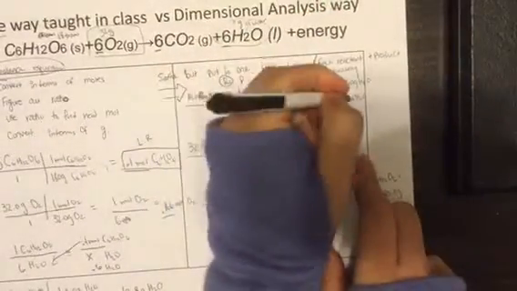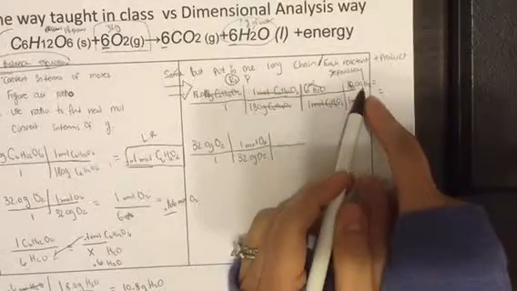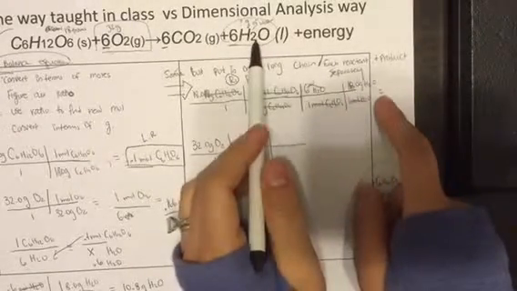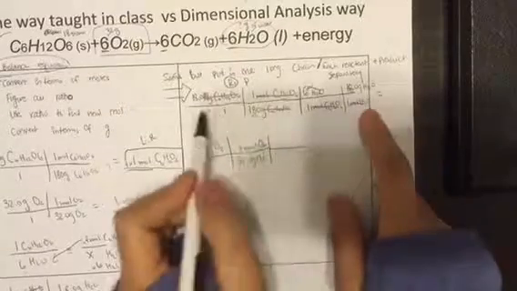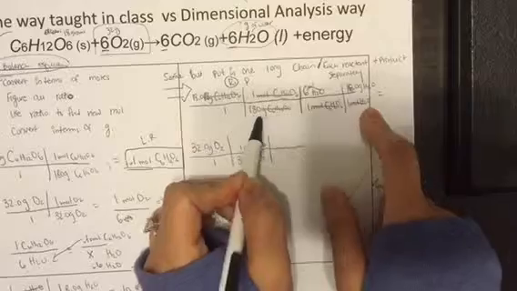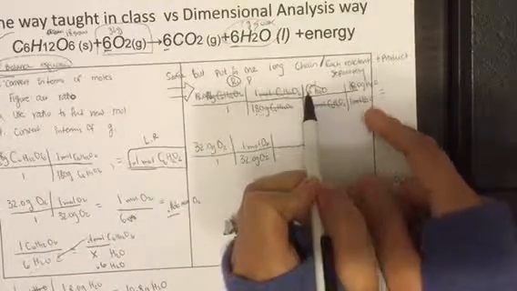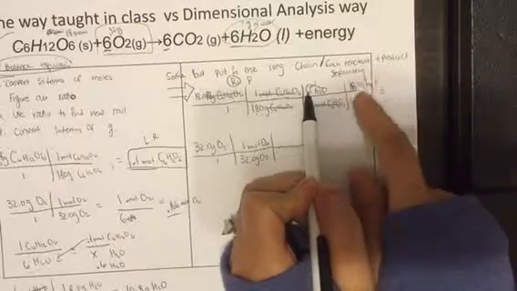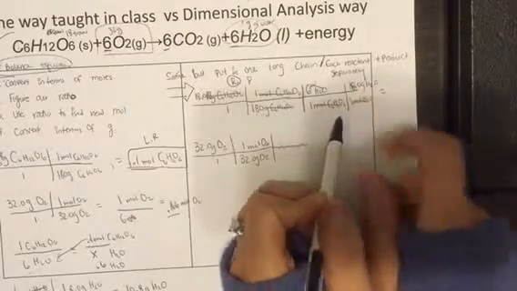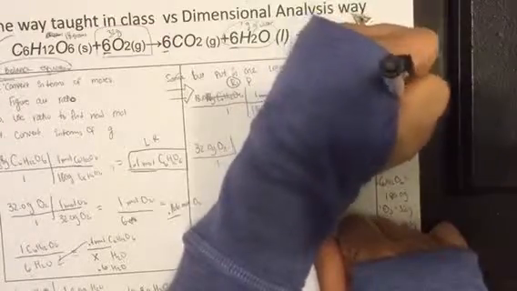So then these two cancel out, and the only unit that's left over now will be grams of water, which is what I want to know in the problem. So if I solve it out, 18 divided by 180 is 0.1, and then I have 6 times 18 divided by 0.1, then I am going to get 10.8 grams of water.